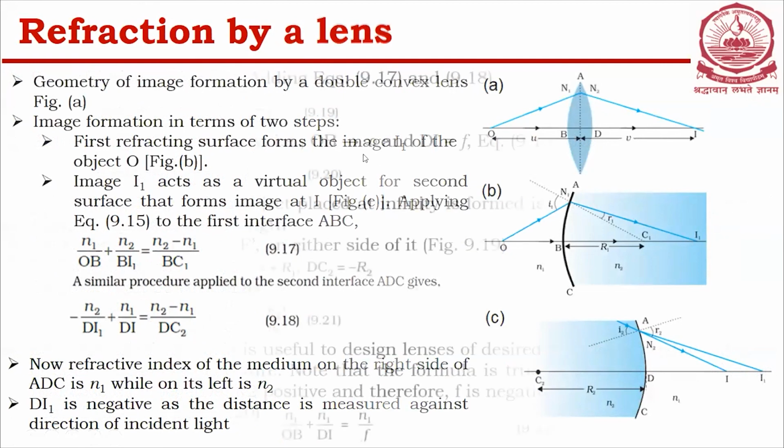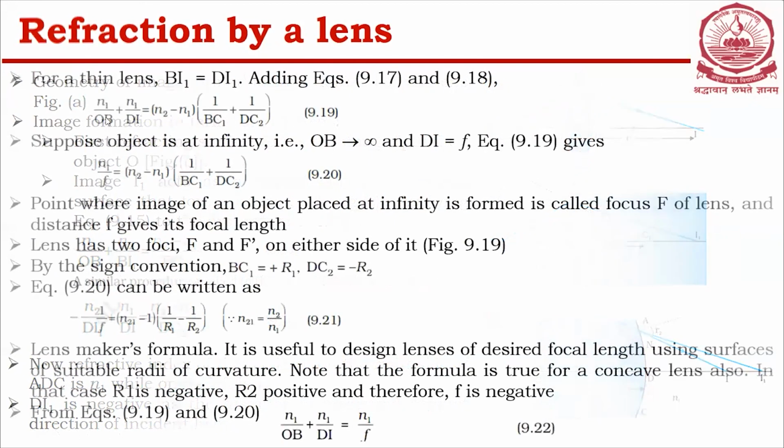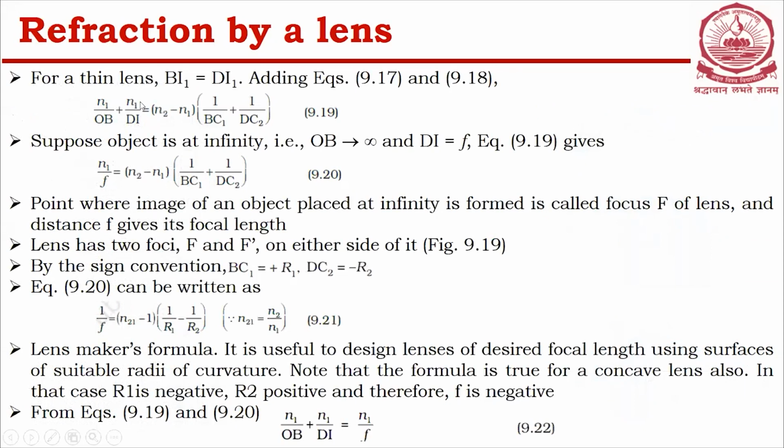That's what I have written here. So it is f. I substitute here so that I get only n1 by f, and the first term becomes 0, and this is equal to (n2 minus n1) into (1 by BC1 plus 1 by DC2). Then again, I am substituting the sign convention for the radius of curvature.